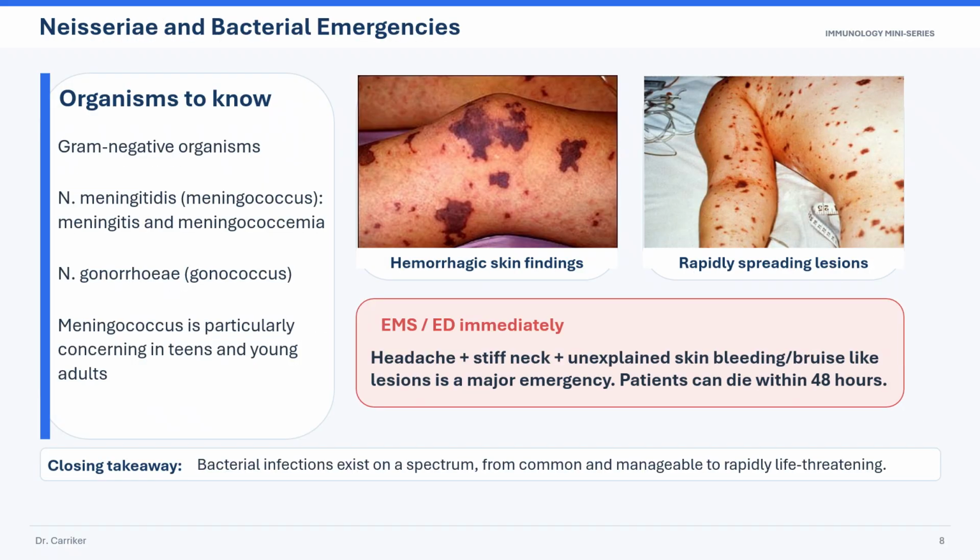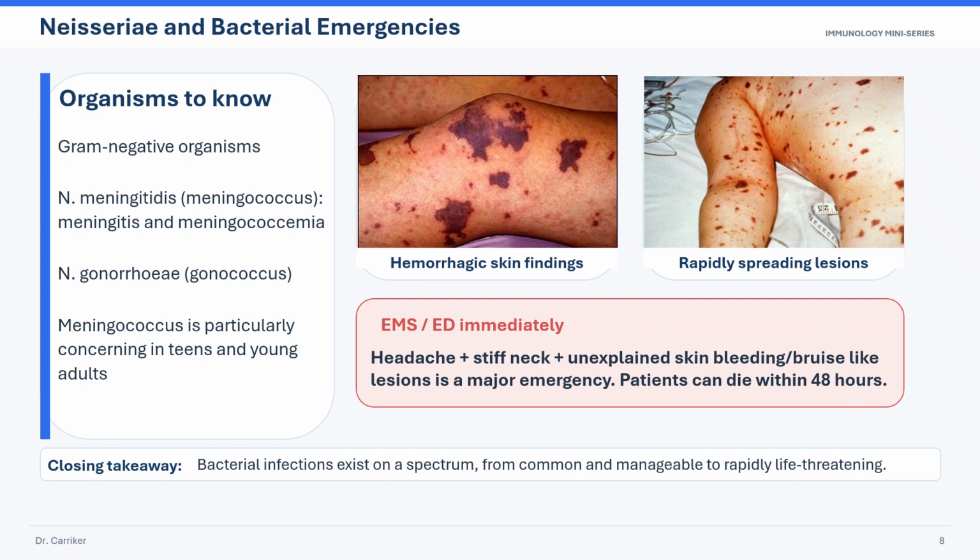Neisseria meningitidis. Now, this is commonly worrisome in teens and, let's say, young adults. The combination of headache, fever, stiff neck, and unexplained skin bleeding, with bruise-like lesions present, is a major emergency. Those black and blue appearing lesions represent hemorrhagic skin, and that can develop pretty rapidly.